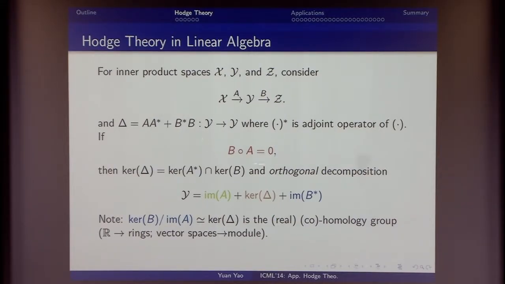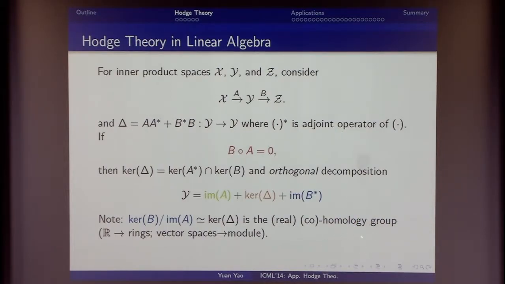Whenever you have this kind of condition, you can show by linear algebra that the middle inner product space Y always admits this orthogonal decomposition. This is canonical: basically the image of A, plus the kernel of this Laplacian operator, plus the image of B star. So that's the Hodge decomposition. Various kinds of language can be associated with this type of decomposition.